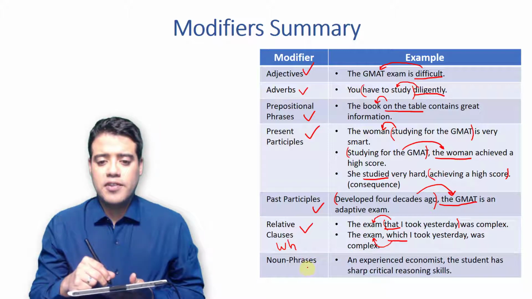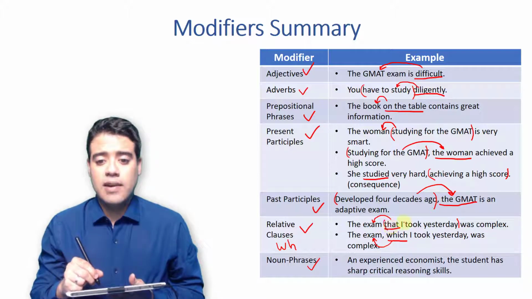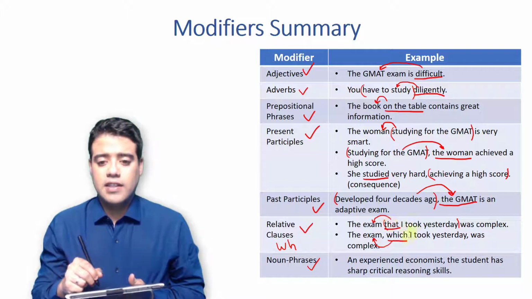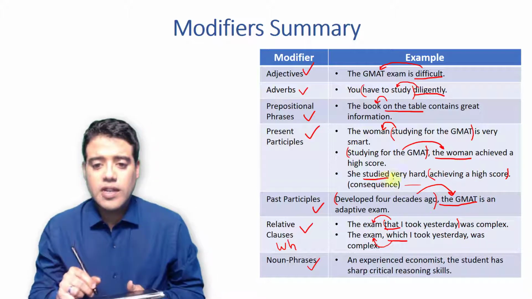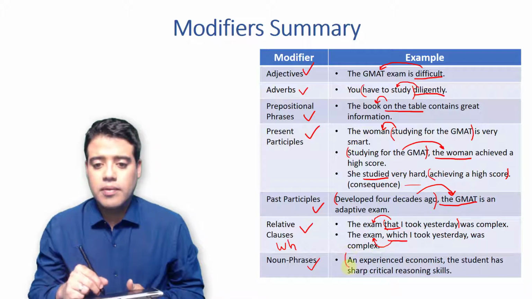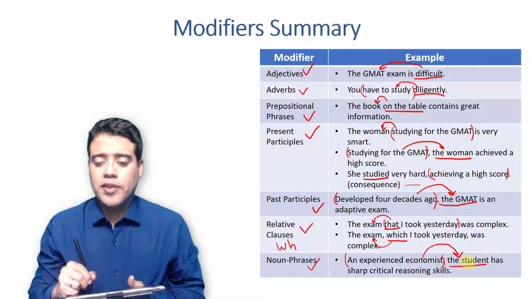Finally, we have noun phrases. So, noun phrases can also function as modifiers. They can describe a noun. If I say something like an experienced economist, who is an experienced economist? Well, it has to be the student. So, the student has sharp critical reasoning skills.